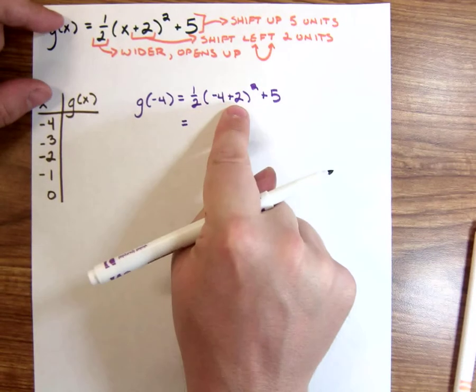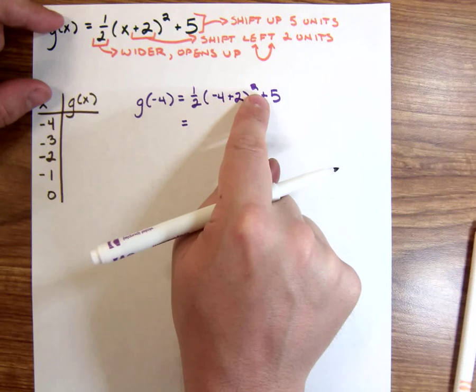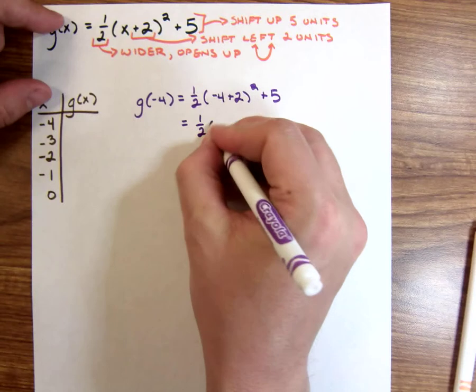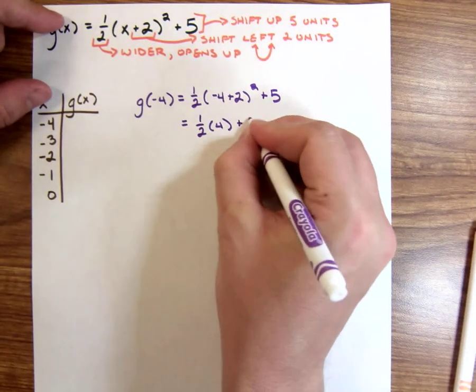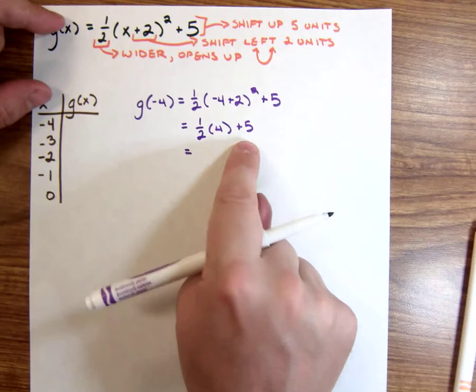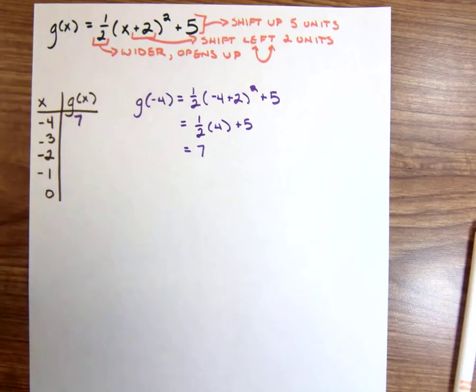What's -4 plus 2? -2. -2 squared is 4. So this is going to be 1/2 times 4 plus 5. What's half of 4? 2. Plus 5? 7. So -4, 7 is our first coordinate.